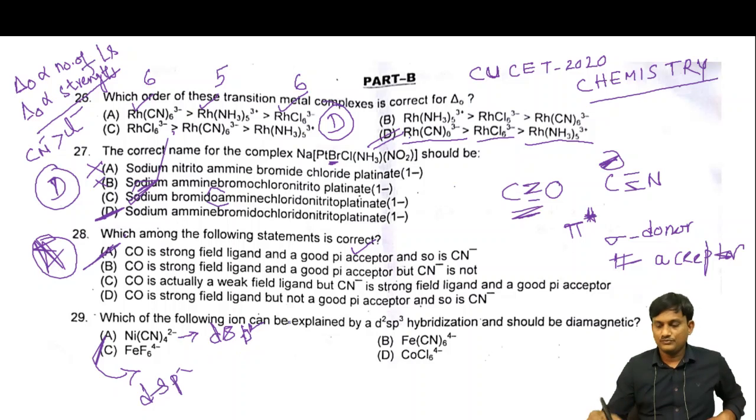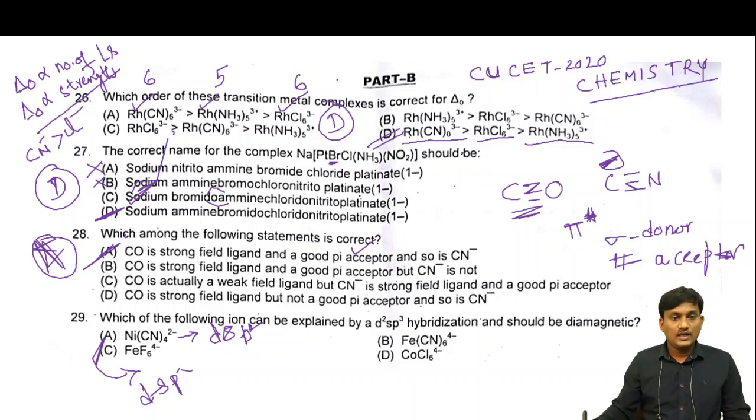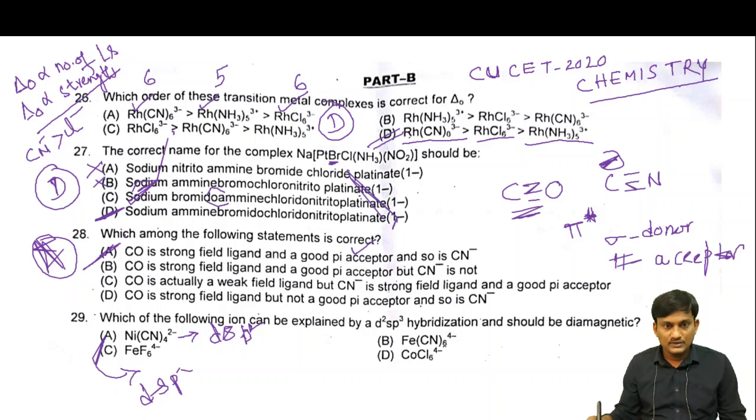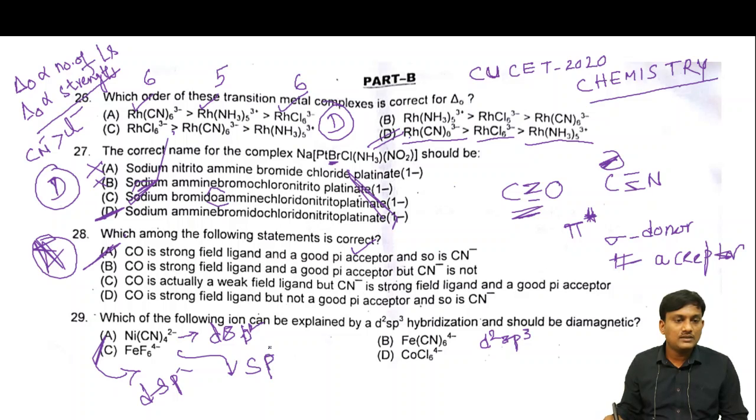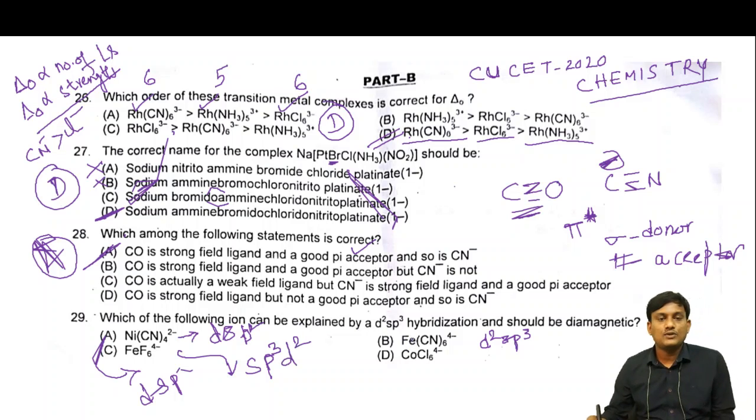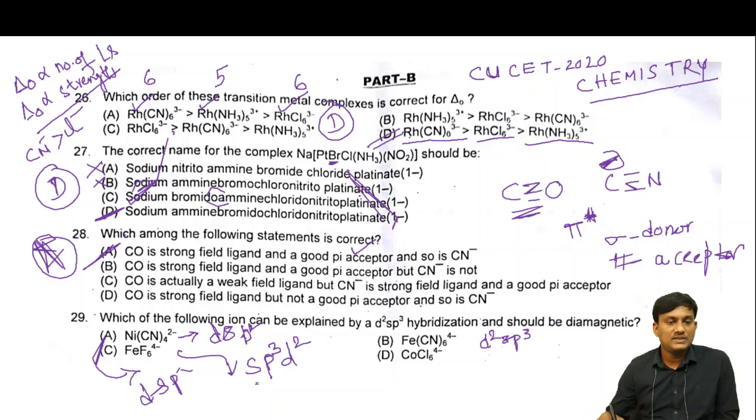And [Fe(CN)6]4-, here the hybridization is d2sp3, and [FeF6]4- is an outer orbital complex with a weak field ligand, sp3d2. In the case of d6 electronic configuration, a strong field ligand gives d2sp3 hybridization, a weak field ligand gives sp3d2.